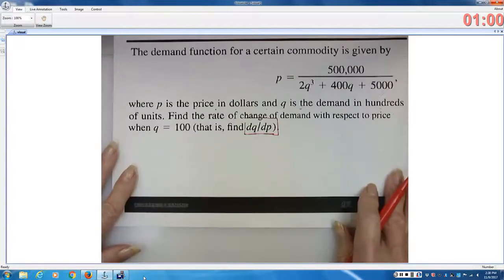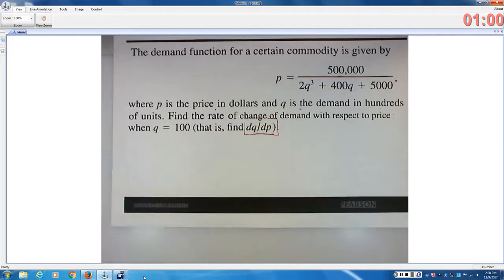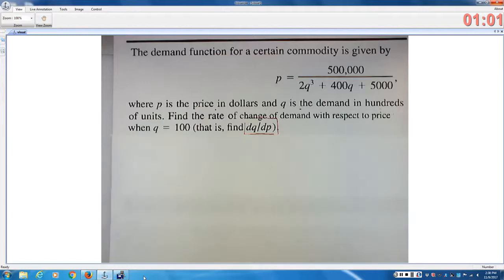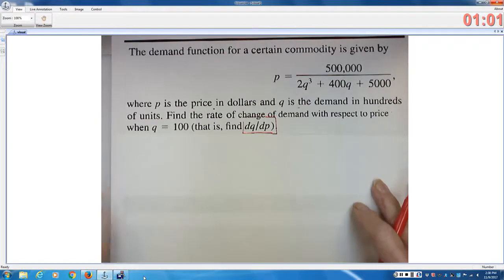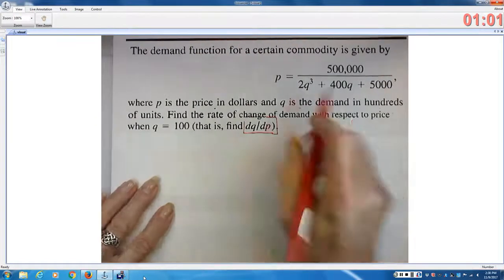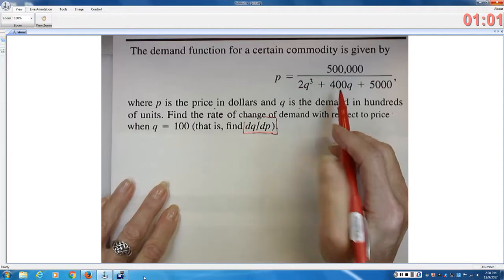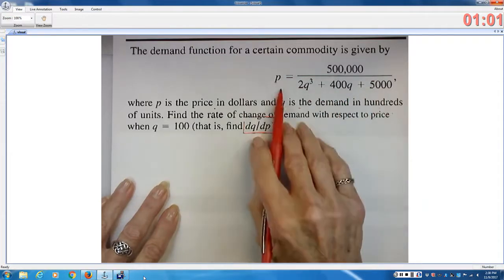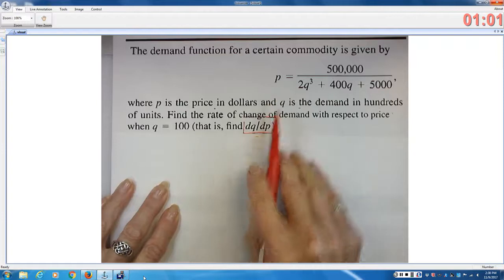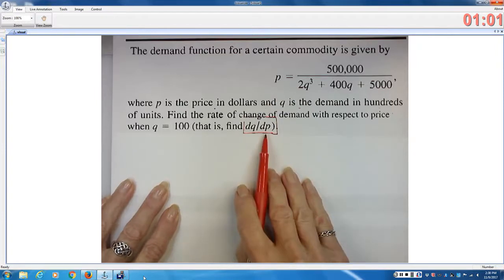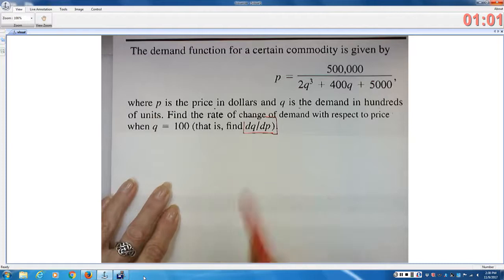We can do this. Stick with me. Get another piece of paper though, because we need a little more room. Since we're finding the derivative with respect to P, P is the independent variable.